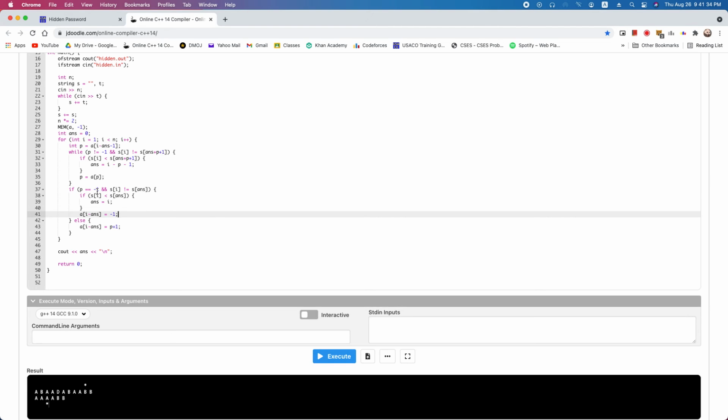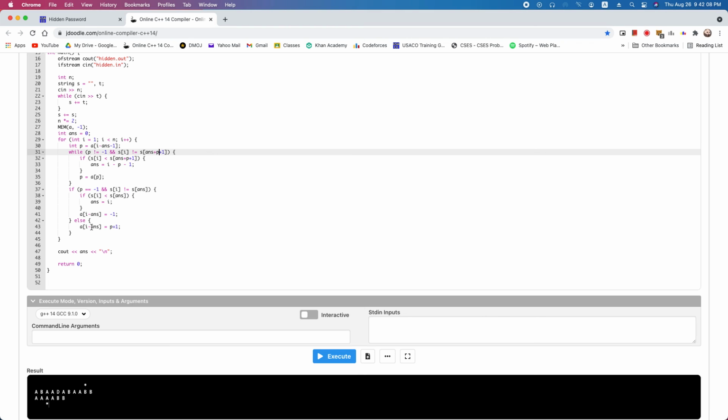Otherwise, if p is not equal to -1, or our current index for s is equal to the first index in our answer string, then we can set any substring with this length of i minus our current answer index to p plus 1. And p plus 1 is the position where we found a matching letter for the main string and the pattern string.